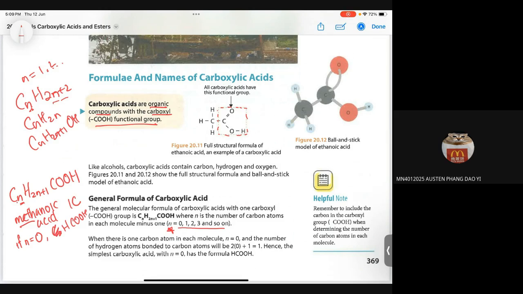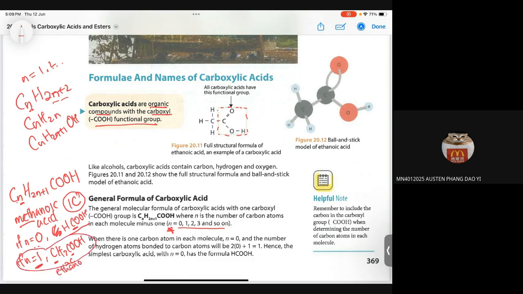So if n equals 0, I get HCOOH. If n equals to 1, I'll get CH3COOH. Now, methanoic acid contains 1 carbon. You realize that if n equals to 0, I got 1 carbon over here. But if n starts from 1, you will not have 1 carbon. You have 2 carbons. So if n starts at 1, this is actually ethanoic acid.